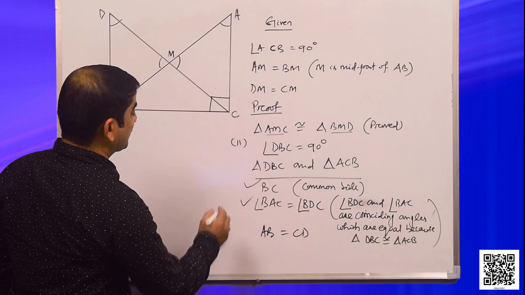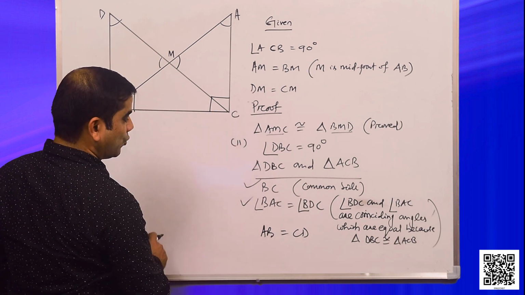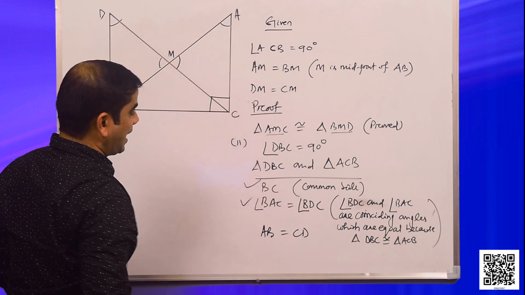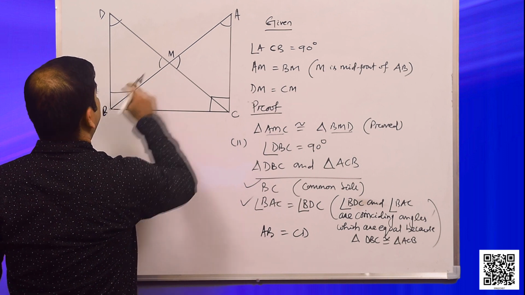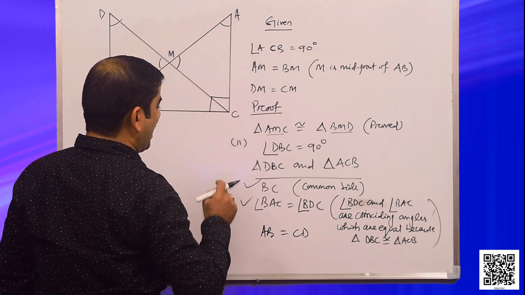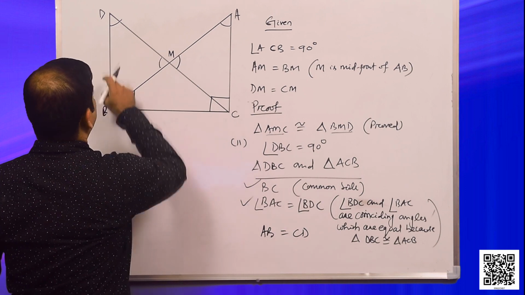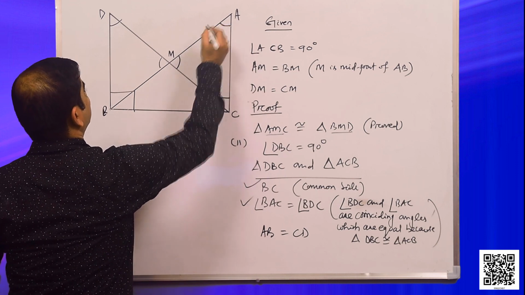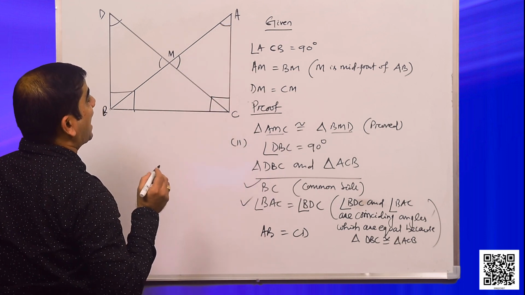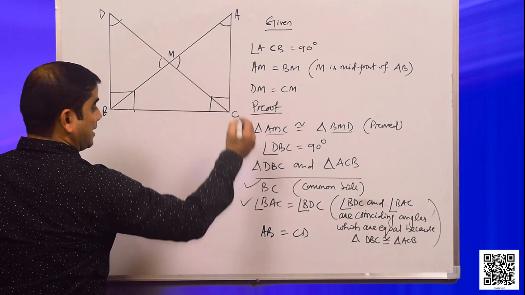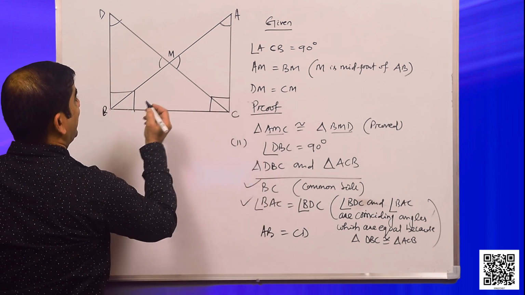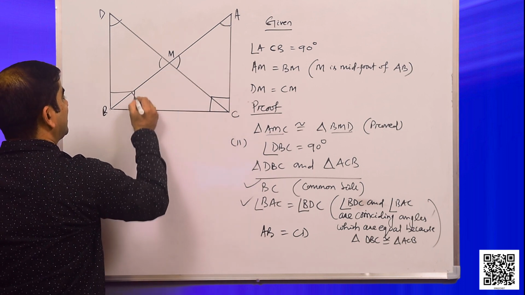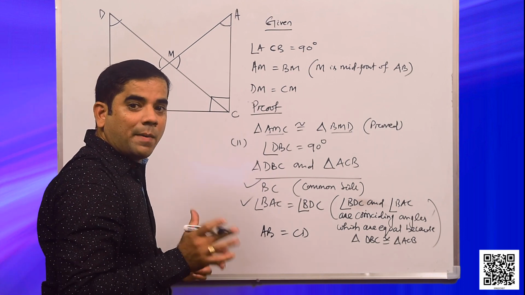BC is a common side, AB is equal to CD, and angle BAC is equal to angle BDC. But in that case, this angle is not the included angle for BC and AB. The included angle for BC and AB is this angle which we do not know about.